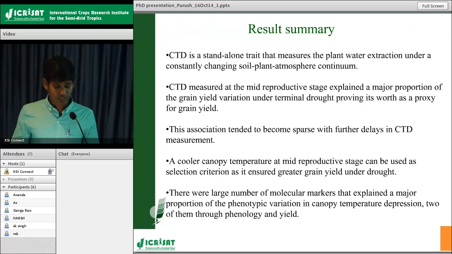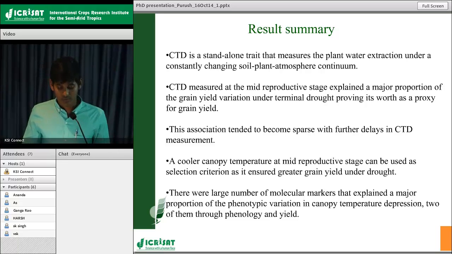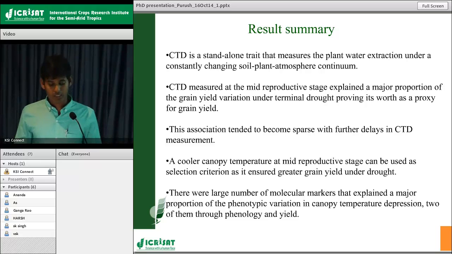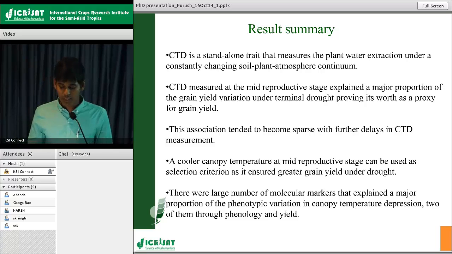Result summary of this objective: CTD is considered to be a standalone trait that measures plant water extraction from a constantly changing soil-atmosphere continuum. CTD measured at the mid-reproductive stage explained a major proportion of grain yield variation under terminal drought, proving its worth as a proxy for grain yield.